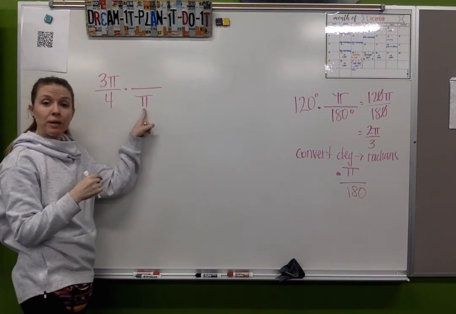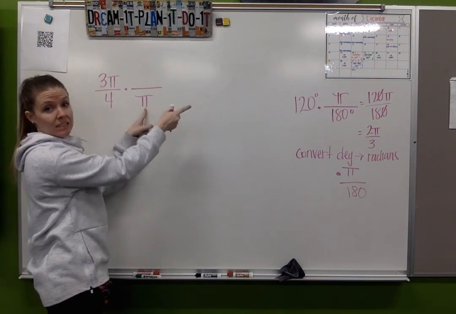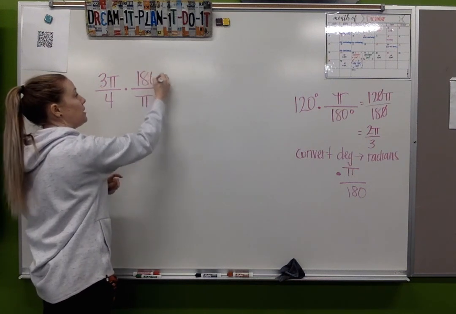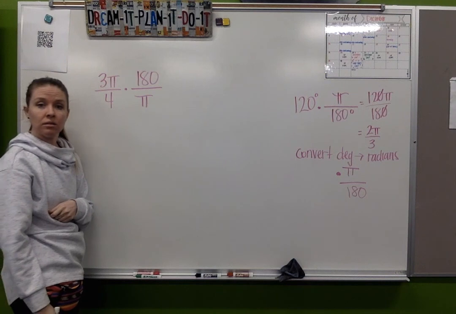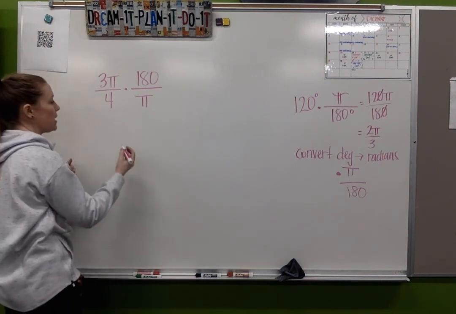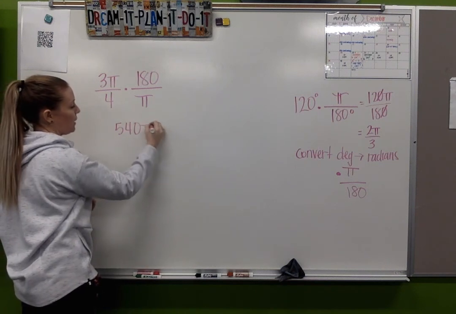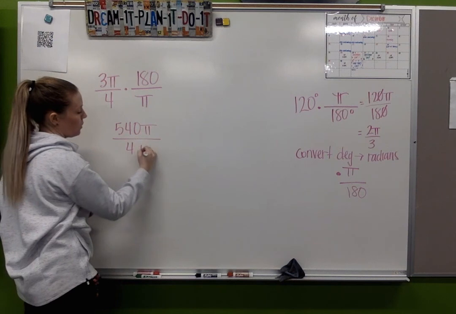The relationship between pi radians and degrees: pi radians equals 180 degrees. So I'm going to multiply 3 times 180, that is 540 pi over 4 pi.